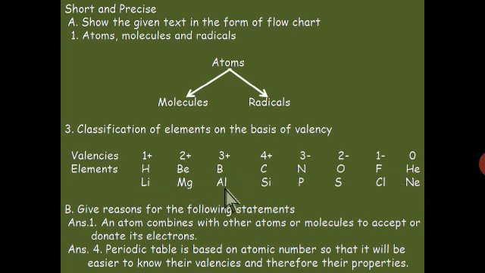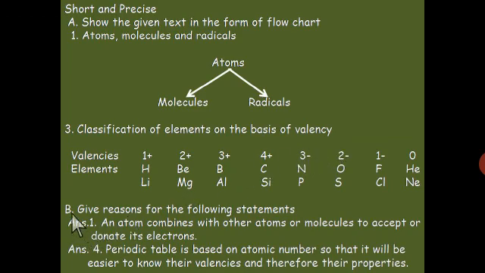Similarly, you can write other elements which belong to these valencies by seeing the periodic table, but you have to learn only up to atomic number 20 as per your syllabus of class 7. So only up to 20 you will write for this question, classification of elements on the basis of valency.